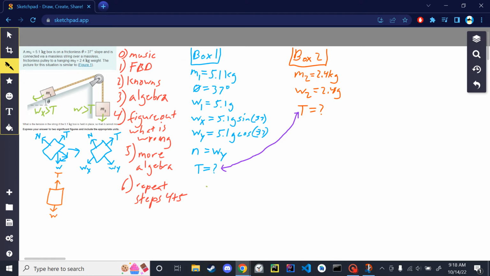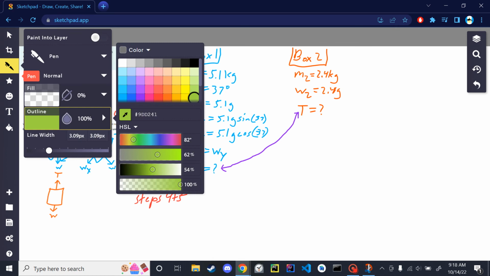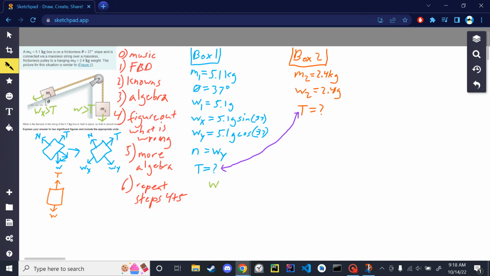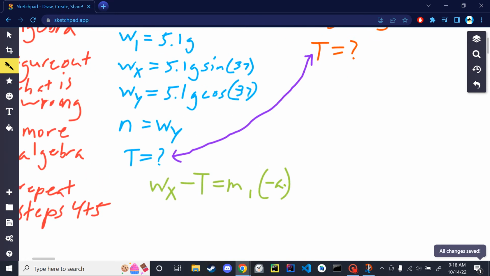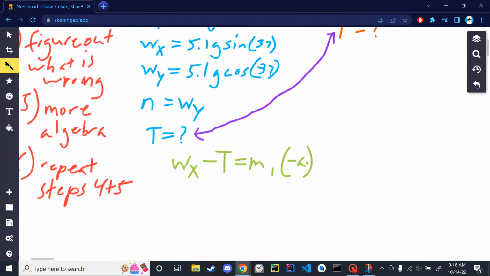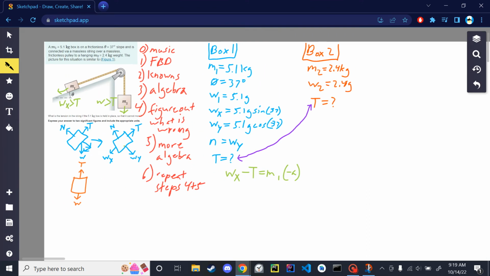So that means that Wx minus tension is equal to mass 1 times negative acceleration. Because the acceleration needs to point this way, and this one, the acceleration is still positive.